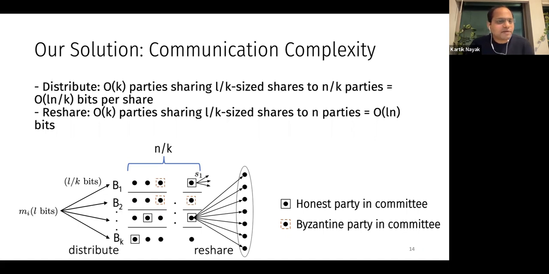That by itself will incur Ln over kappa bits per share. And if we do this for kappa different shares, it will incur a communication complexity of order Ln bits. So we're good there. In the reshare phase, you have just a single committee of size order kappa, and they are sharing an L over kappa sized message to all n parties. That would incur a communication complexity of Ln bits. So that's good too.